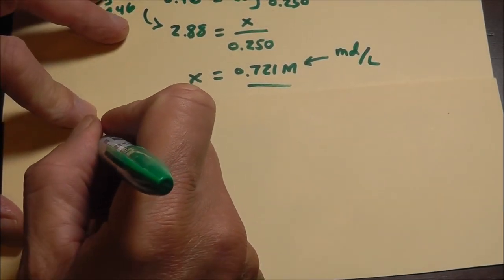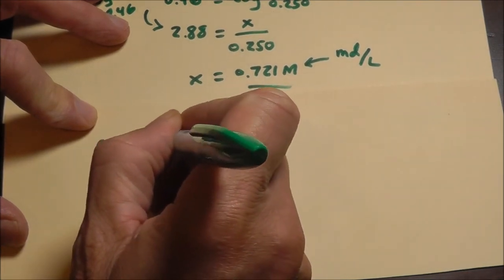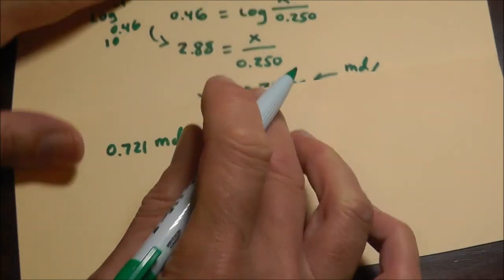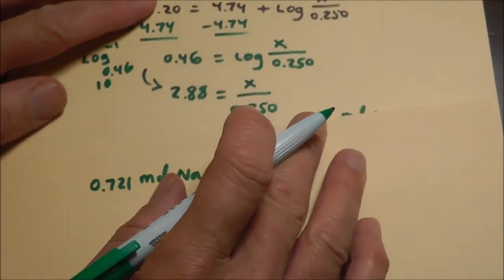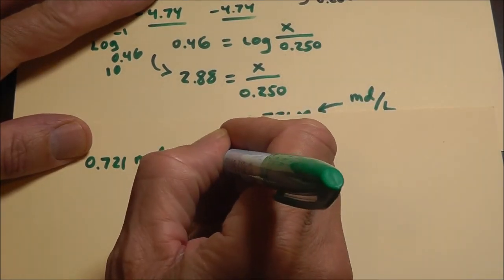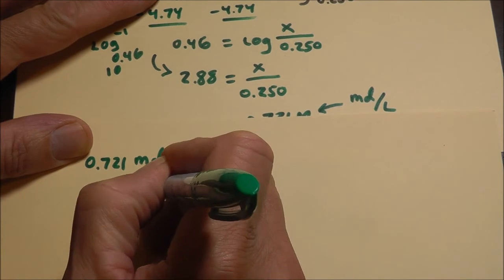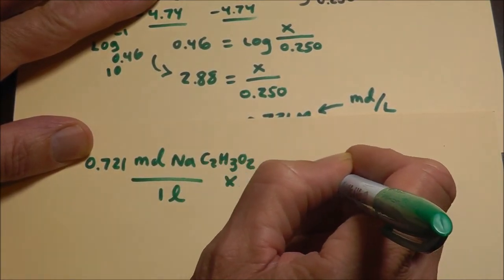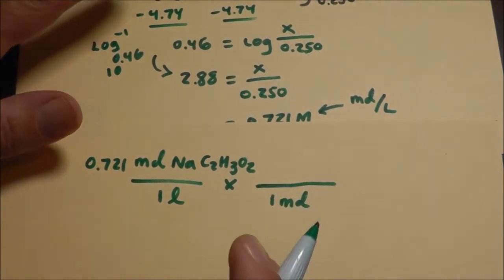So what I've got going on here is I've got 0.721 moles of NaC2H3O2 per 1 liter. Oh boy, let's do the mole part first. 1 mole.